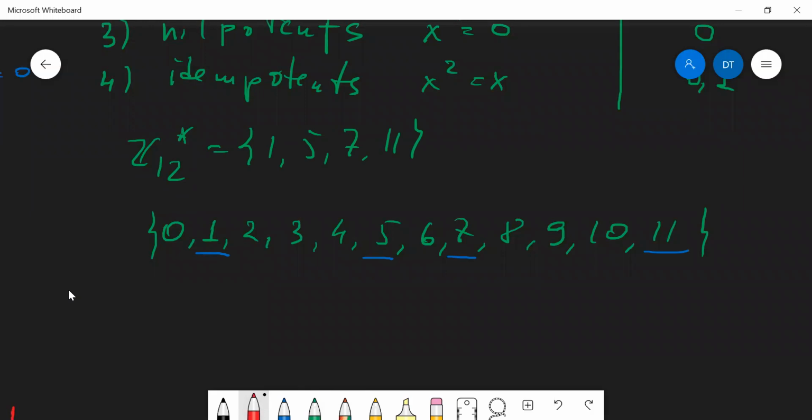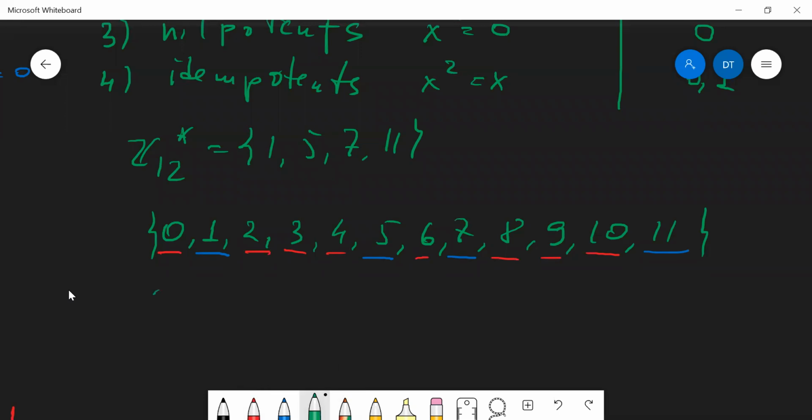What are the zero divisors? 0. Okay. 2, 3, maybe the rest. 4. Yeah, the 0, and the rest: 2, 3, 4, 6, 8, 9, 10. So let's see why, for example.